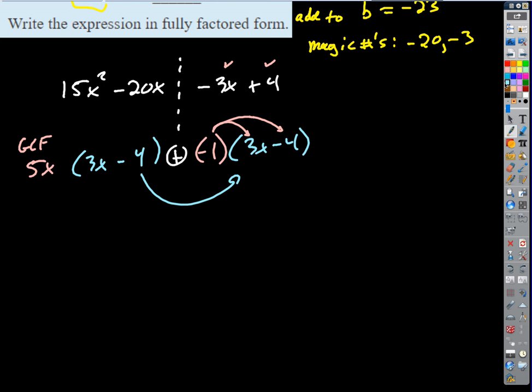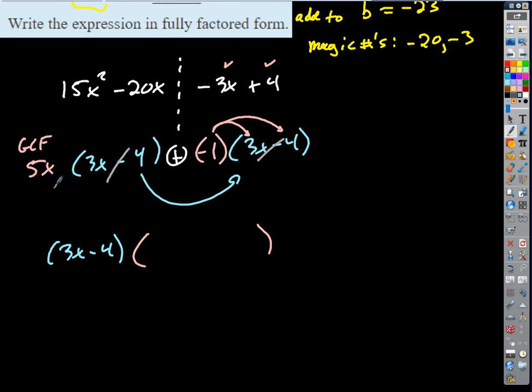What's the common factor in the two groups? 3x minus 4, right? So we can factor out 3x minus 4, and what's left behind if I do that? Those are going to cancel.